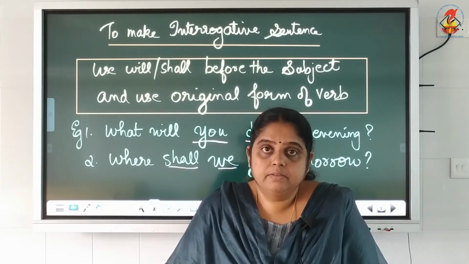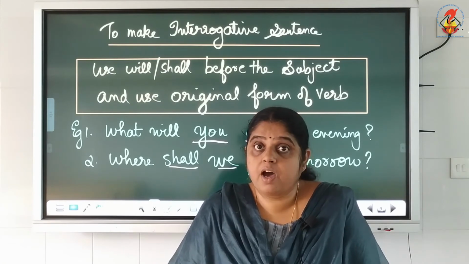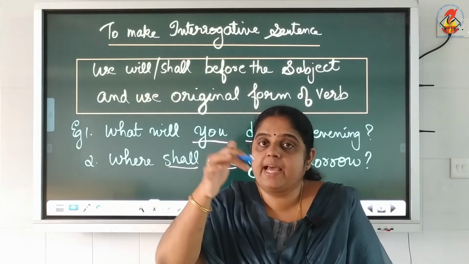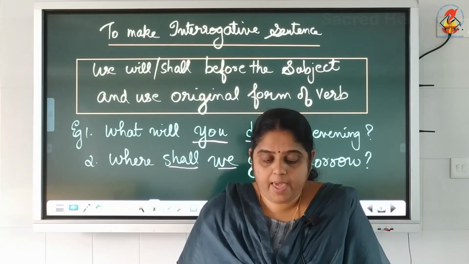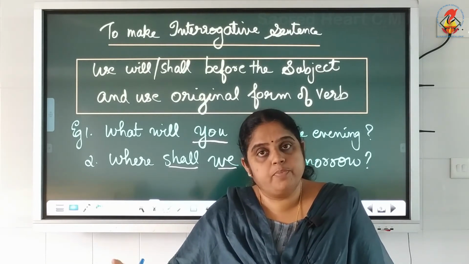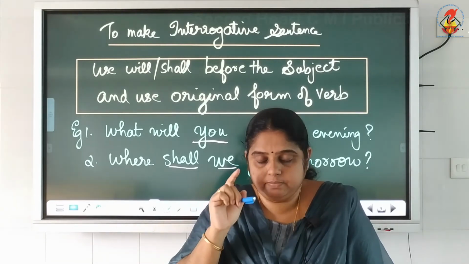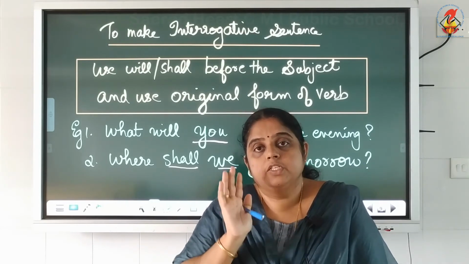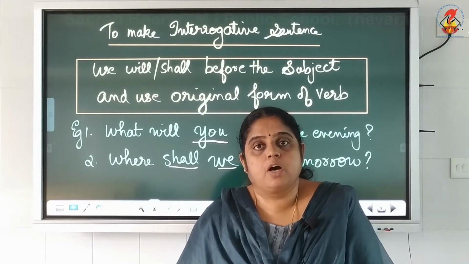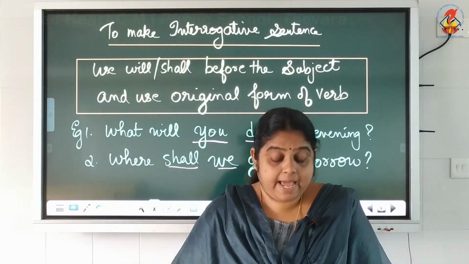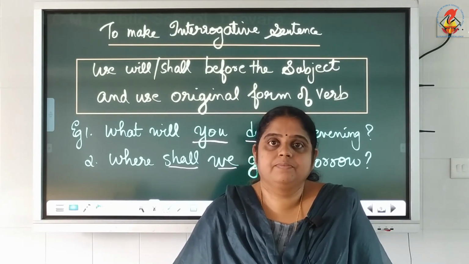Okay, got it? His father is the subject, so before that we have to add will. Where will his father drop, with the original form of the verb. So, where will his father drop him? That is the question. Like that, try the rest also.